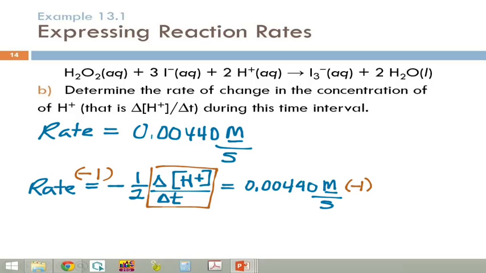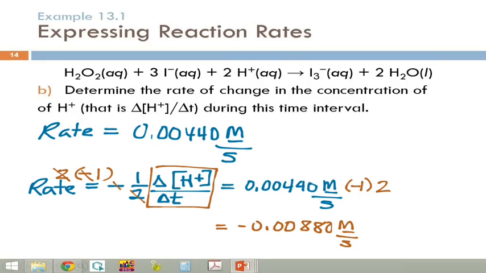And how can I get rid of 1 divided by 2? Multiply by 2. So I'll multiply this side by 2, and the 2's cancel out, and the minuses cancel out. I also have to multiply the other side by 2. So then I end up with negative 0.00880 molarity per second.